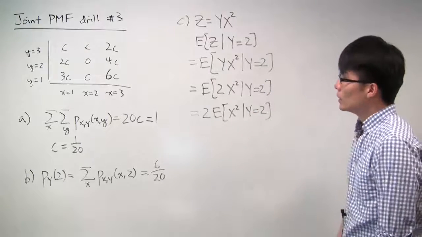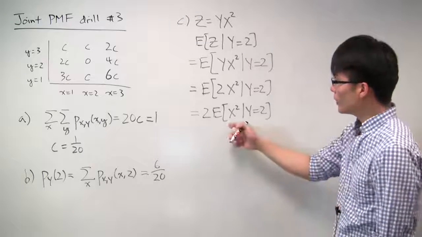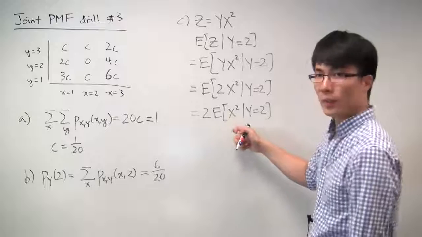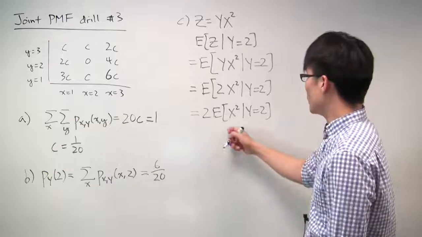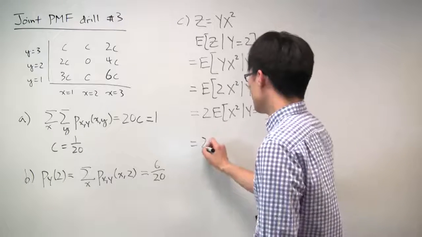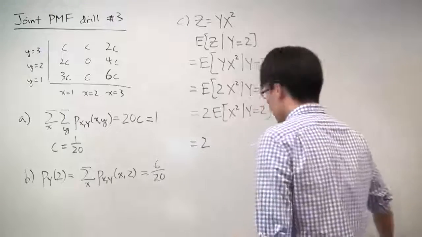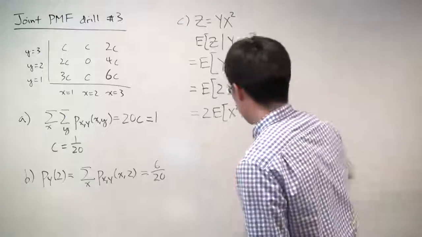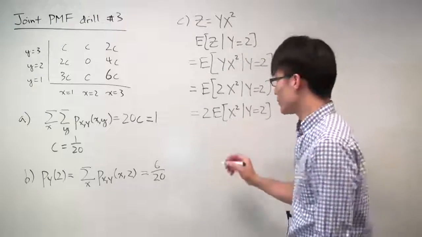All right, so how do we do this? Well, remember that to calculate these conditional expectations, what we need are conditional PMFs. And so what we really need to do here requires calculating what the conditional PMF is. So let's figure out what this conditional PMF is.